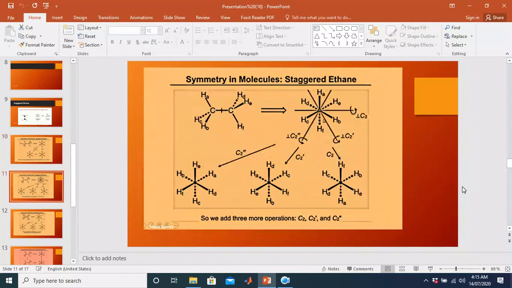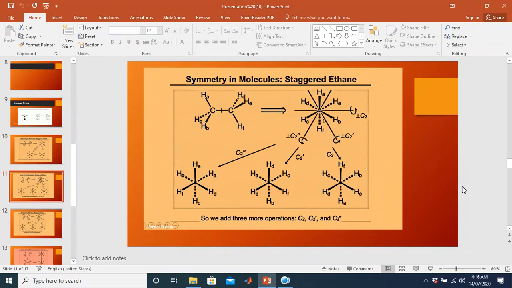There are 3 C2 axes of rotation found in ethane: C2, C2 dash, C2 double dash. I will explain the effect of C2, C2 dash and C2 double dash on the operation of ethane. There are 2 patterns. One is solid and the other is dotted.